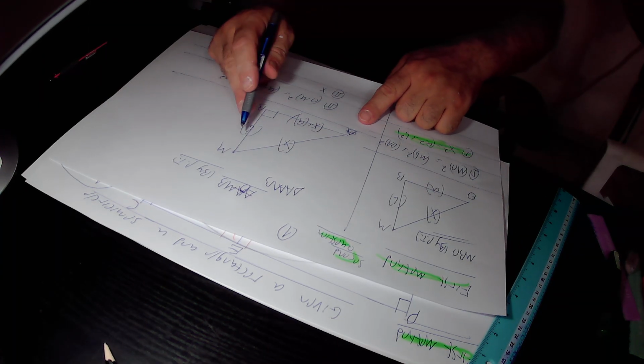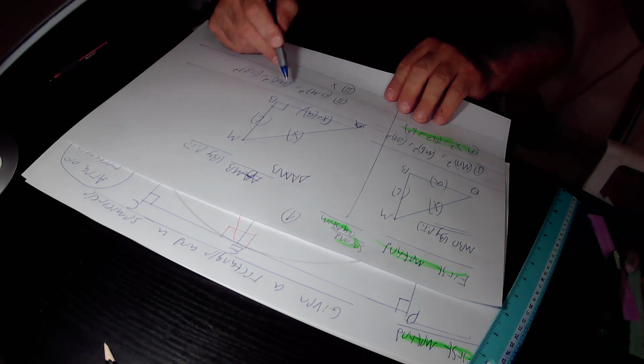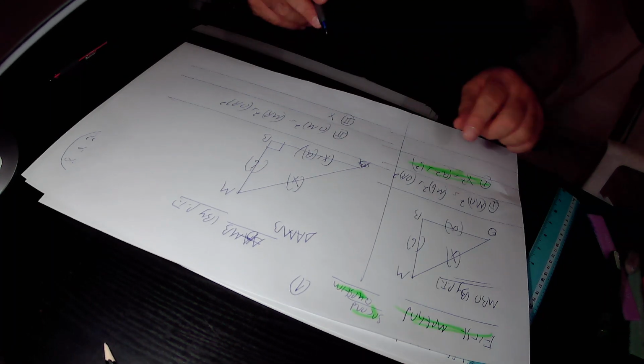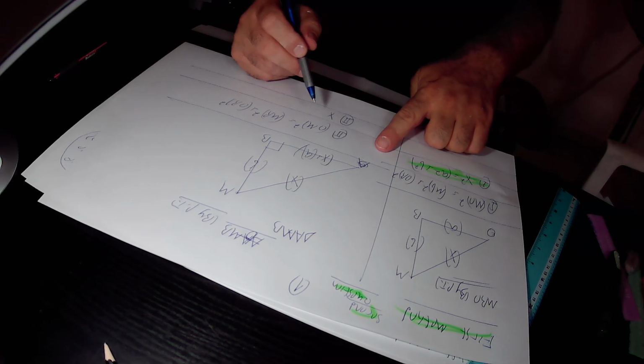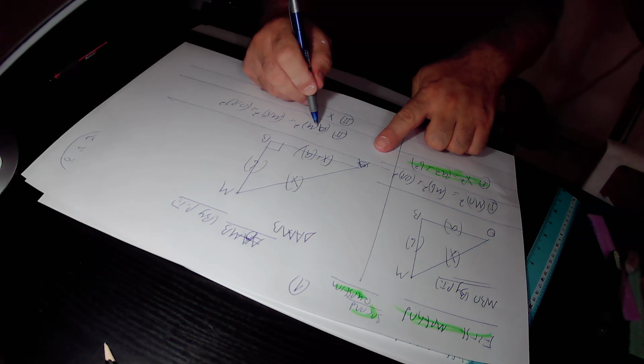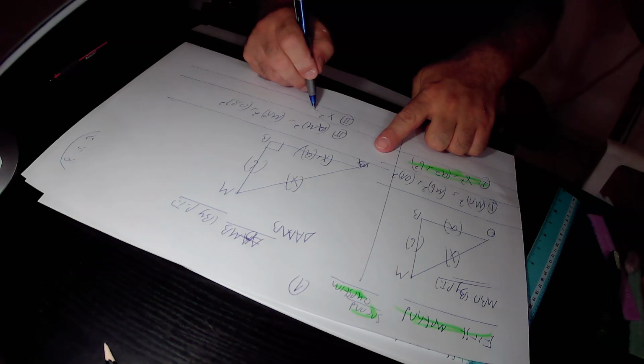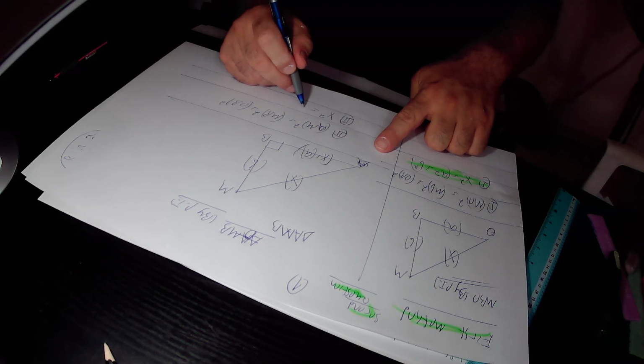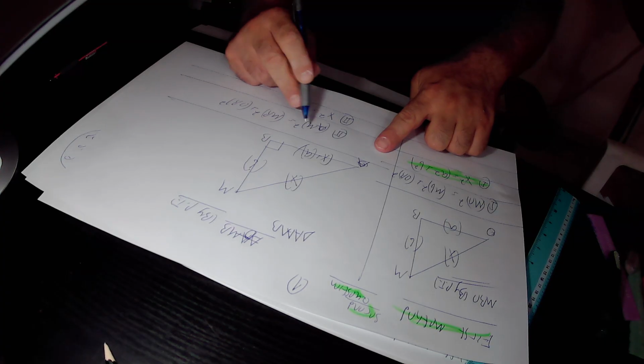The hypotenuse AM equals x, and MB equals b. So OM is x, so AM is x, therefore AM squared is x squared, and it equals MB squared. MB is b, therefore MB squared is b squared, plus AB squared.